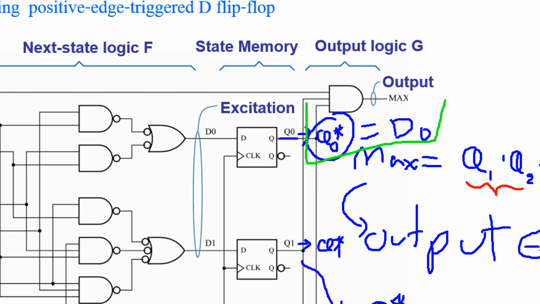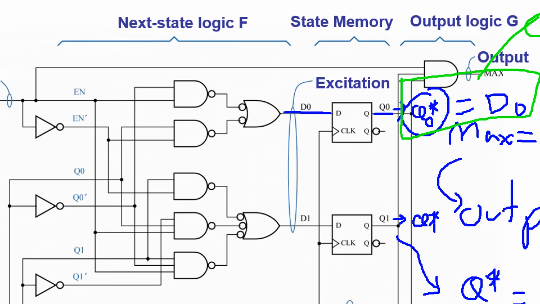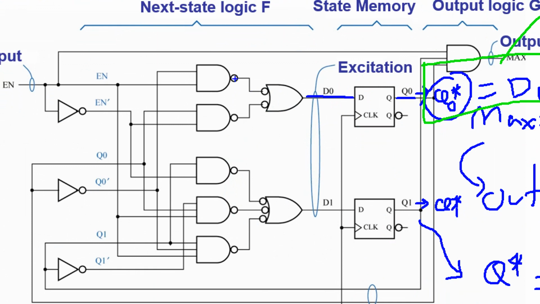By the characteristic equation of the D flip-flop. And from the circuit F, you know what D0 equals. In this case, you can consider that the inversion bubbles cancel together. This one cancels this one. So D0 is this signal and this signal added together.